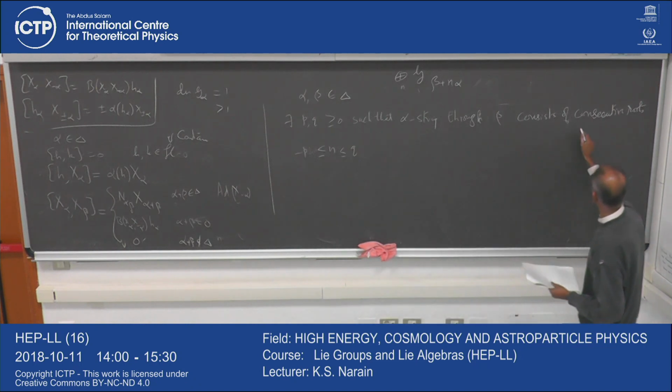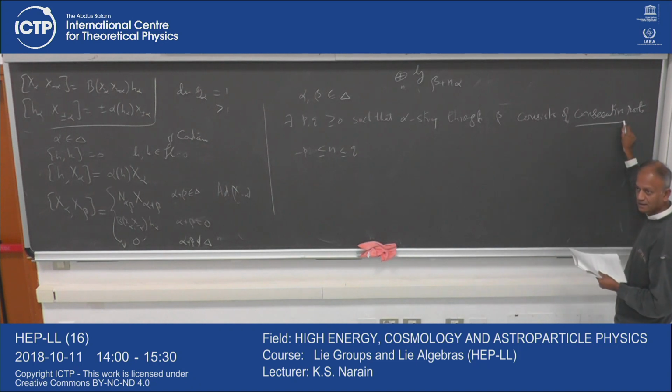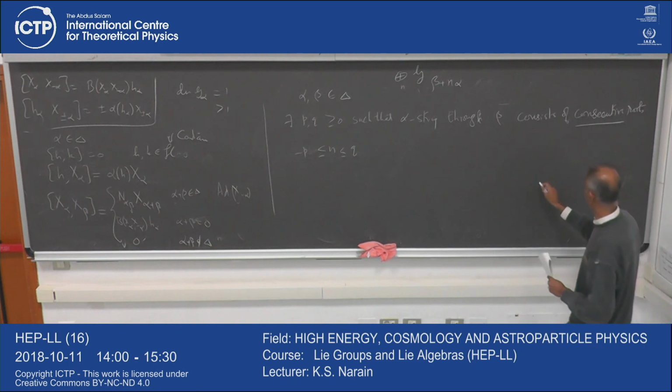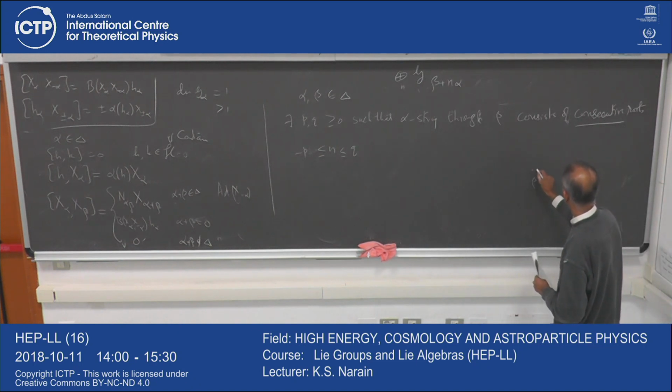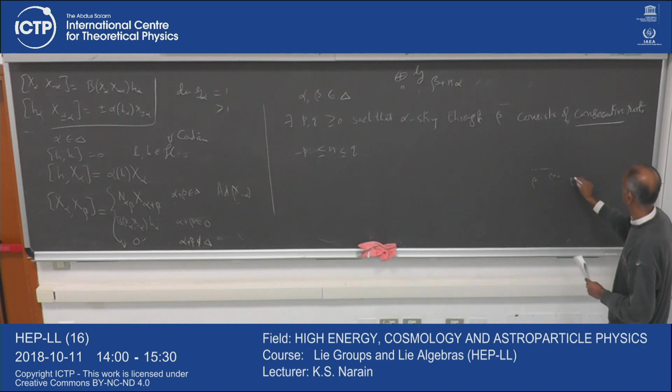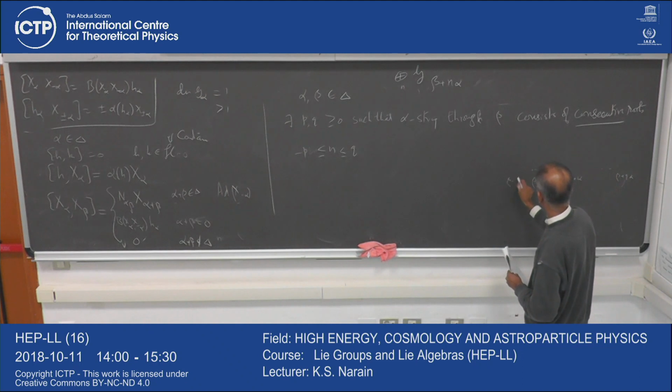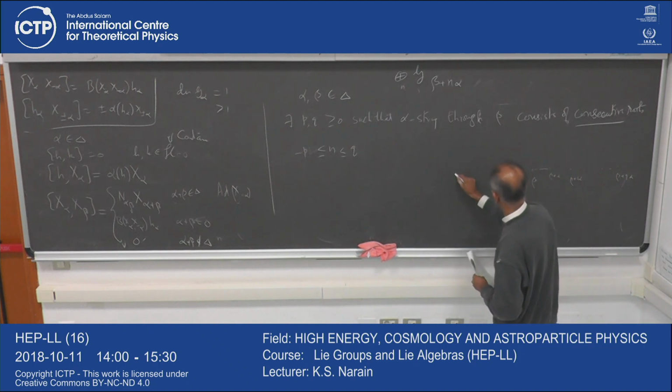the important point here is the consecutive roots, meaning this chain cannot break. If I draw a picture again here: beta, beta plus alpha, beta plus 2 alpha, and so on, up to beta plus q alpha, and you go down here, beta minus alpha, and all the way to beta minus p alpha.